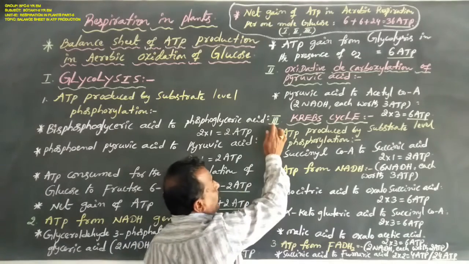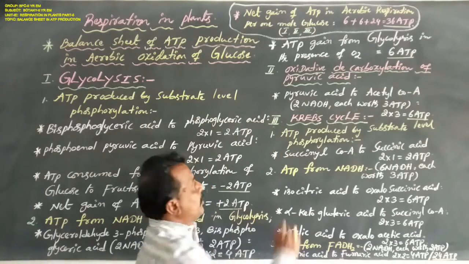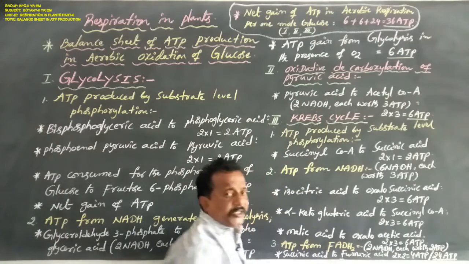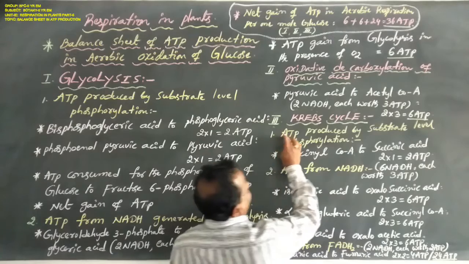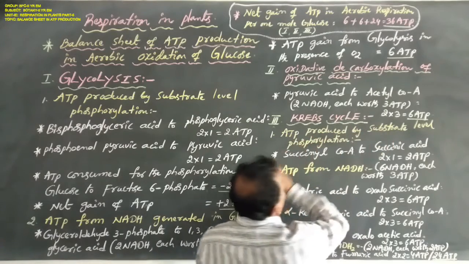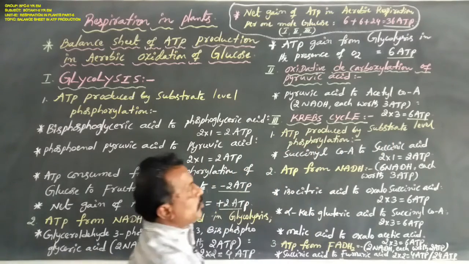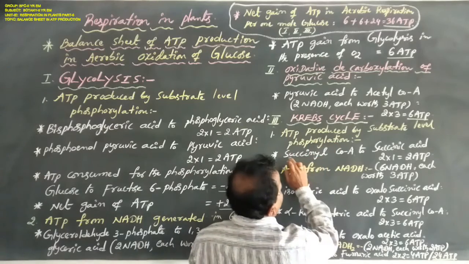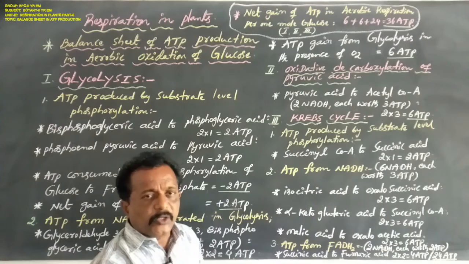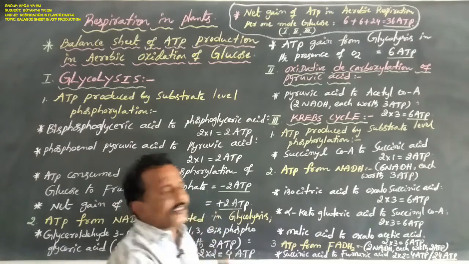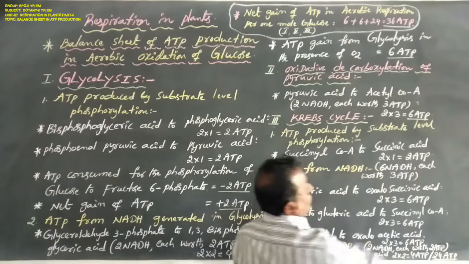Next, the third step in aerobic respiration is the Krebs cycle, or citric acid cycle, or TCA cycle. First, ATP produced by substrate level phosphorylation. Substrate level phosphorylation occurs between succinyl coenzyme A and succinic acid, forming 2 ATP molecules.